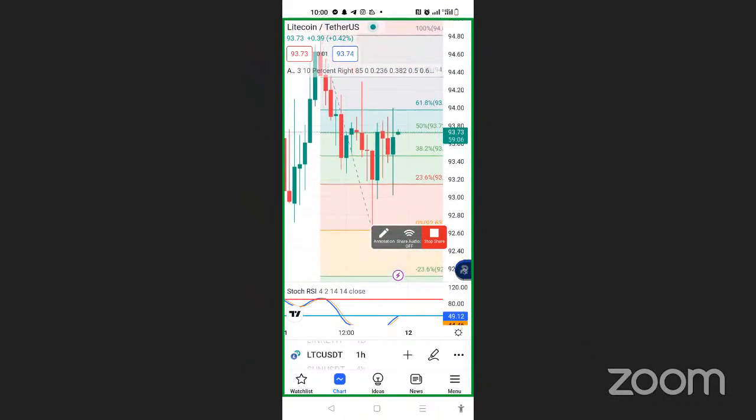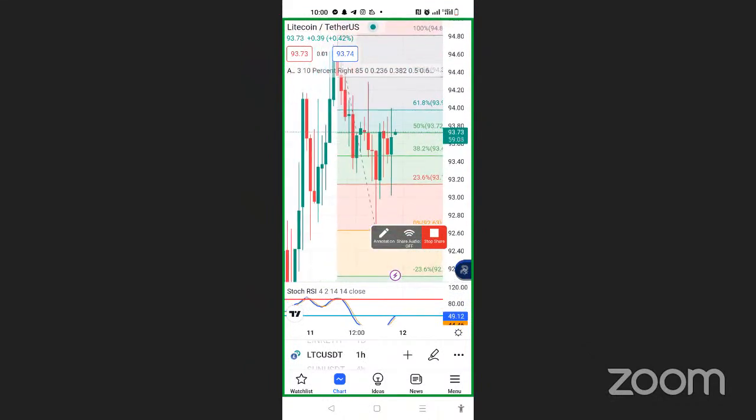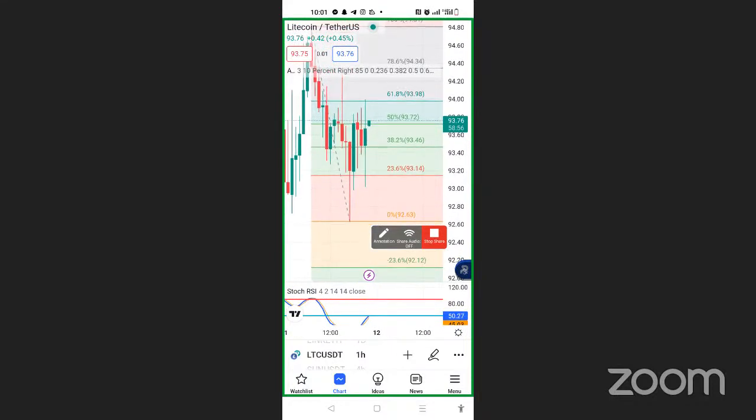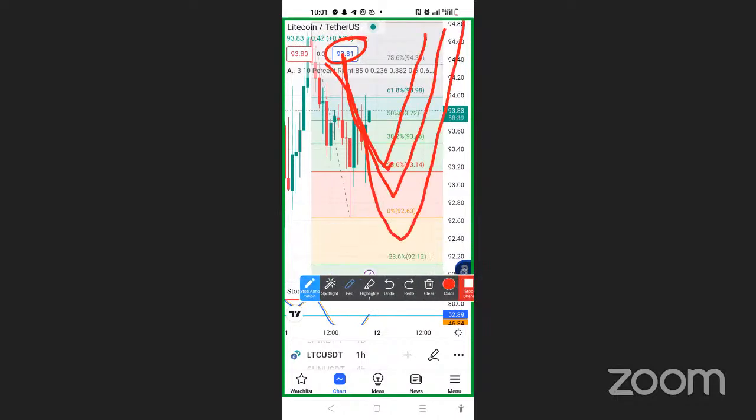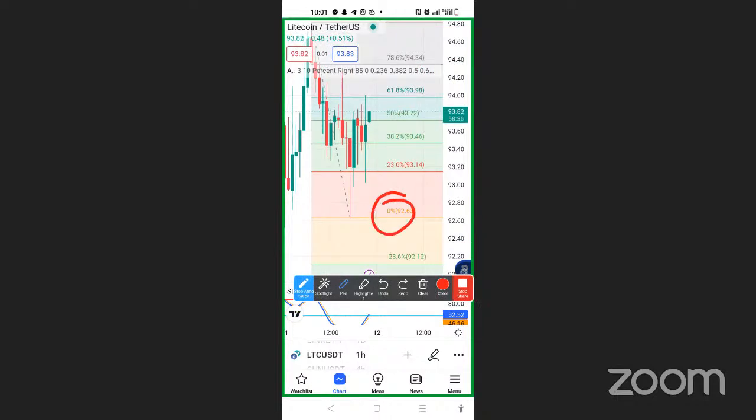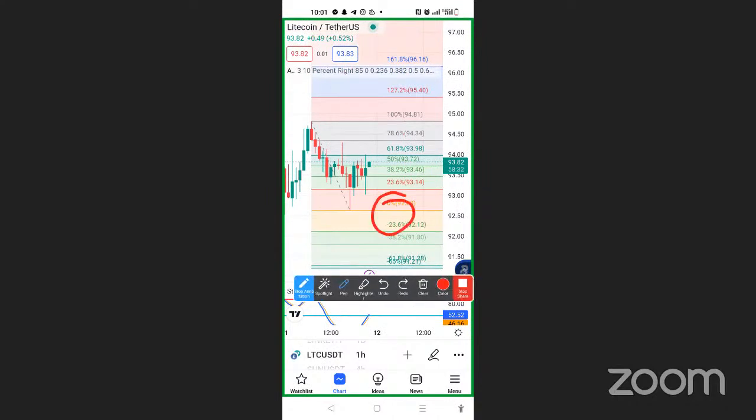Now, the fib will not always remain the same. Sometimes you might come back to check what was an upward trend, depending on the time frame, and it has changed. It's now a downward trend. Now you see 0 is down. That's very important.